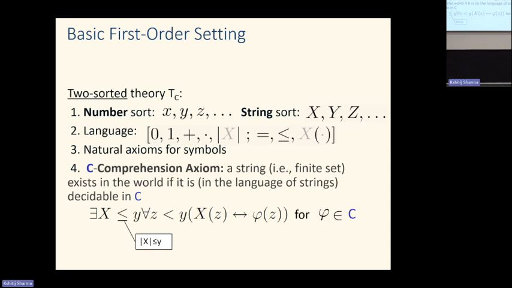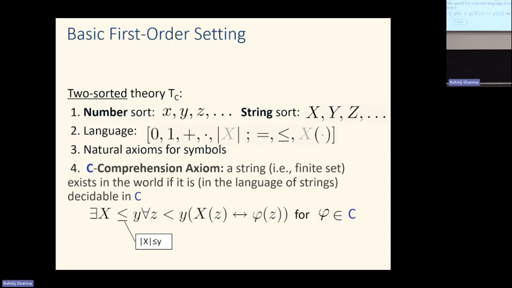The two-sorted theory has a number sort over natural numbers and a string sort. Strings are finite strings, X, Y, and Z in capital letters. A string here is actually encoded by a finite set of numbers, which is the characteristic function of the string.